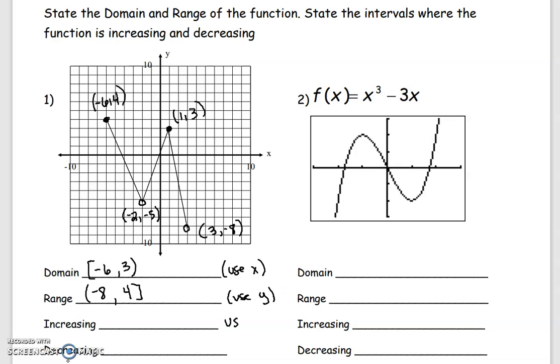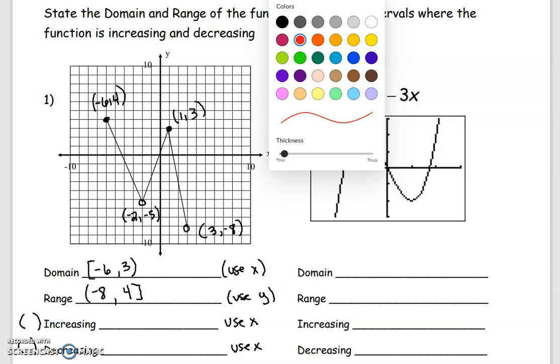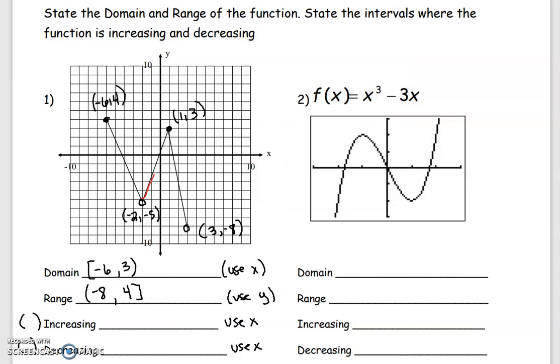So again, for increasing, I'm going to use the x. For decreasing, I'm going to use the x, and I'm going to look for those. We're going to use parentheses for all of it, and we're going to look for those parts where we're increasing. This one's going down. Here we go. This one's going up. So here's an increasing.